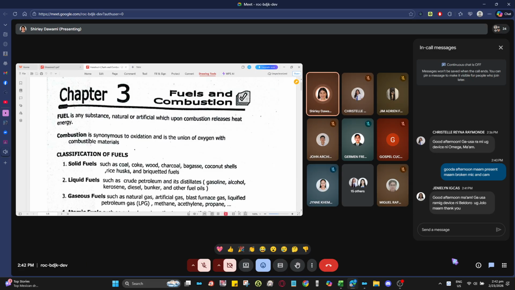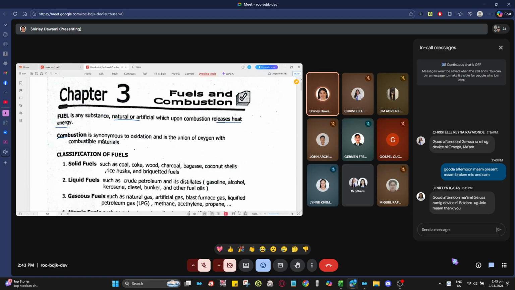Okay, so fuel is any substance, natural or artificial, which upon combustion releases heat energy. So fuels, when heated, undergo a chemical reaction with an oxidizer, which typically is oxygen in the air, para mo liberate ang heat, di ba?